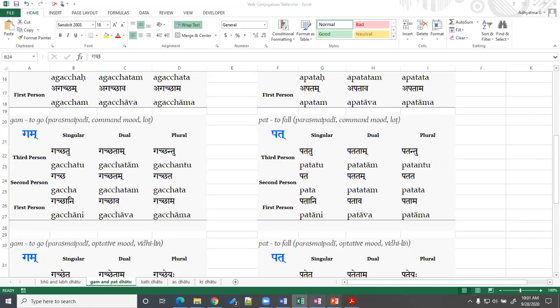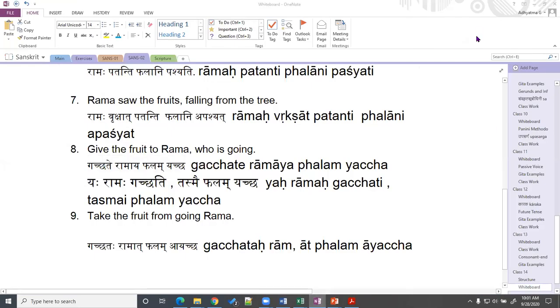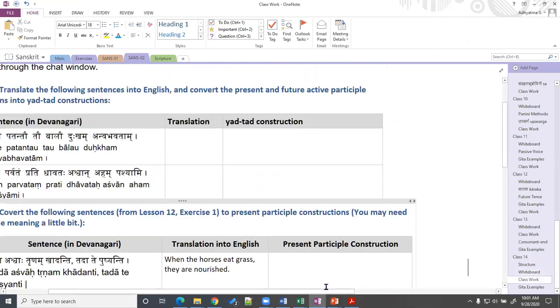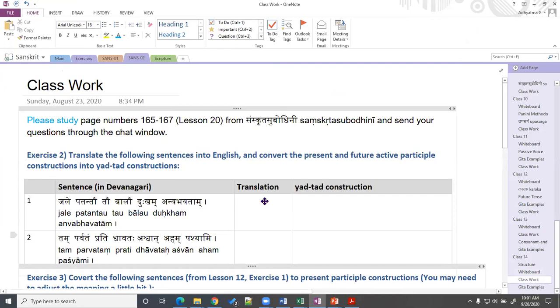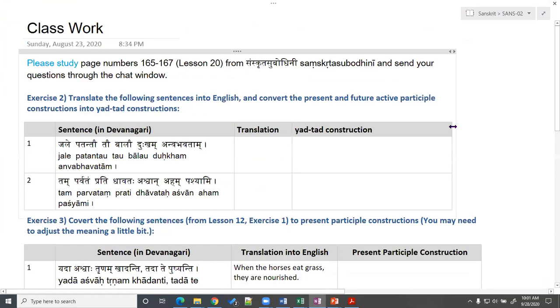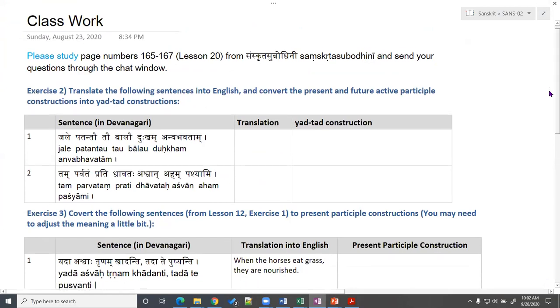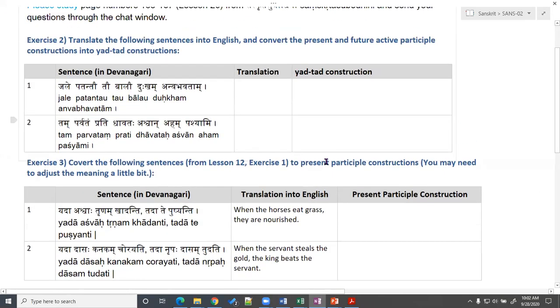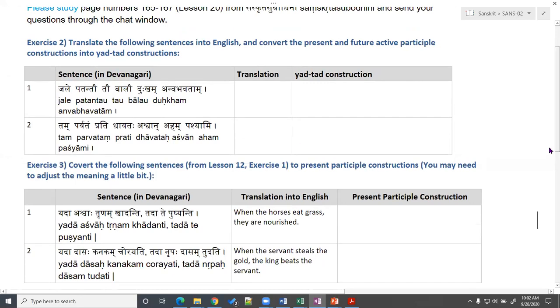Okay, with this we'll have the class work. So this is our class work for today. You can study these pages from Sanskrit-Subodhini. So today what we covered is from lesson 20 of Sanskrit-Subodhini. You can send your questions through the chat window and you can try to translate these sentences.